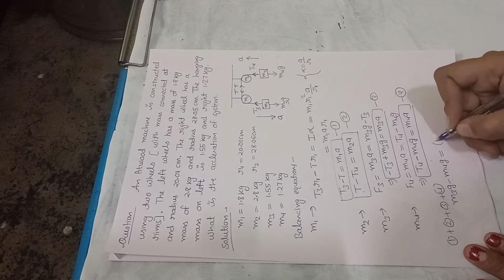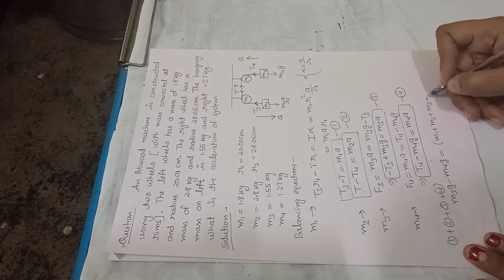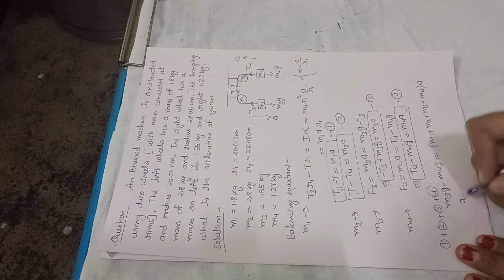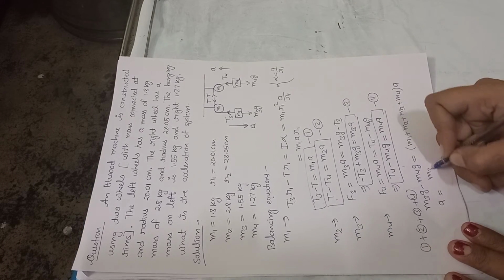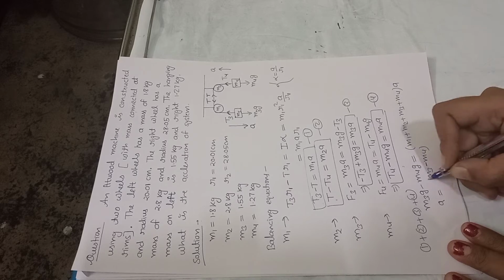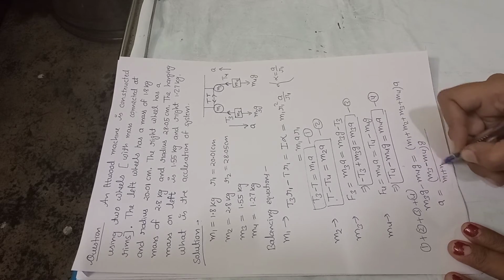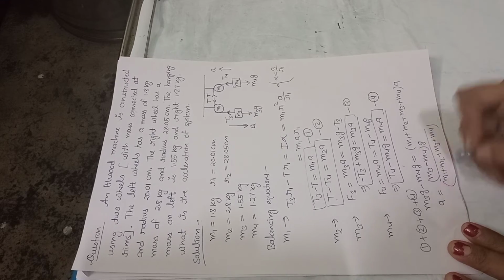And in RHS, m1 plus m2 plus m3 plus m4 into a. So acceleration is equal to m3 minus m4 into g divided by m1 plus m2 plus m3 plus m4.